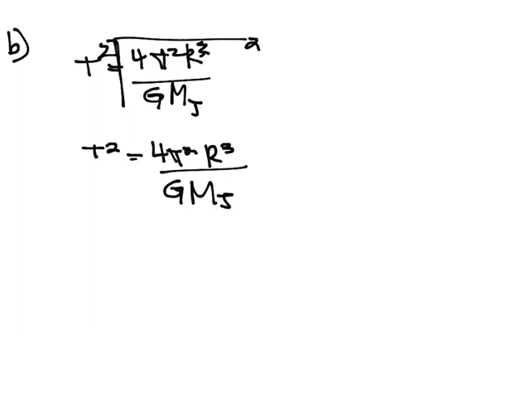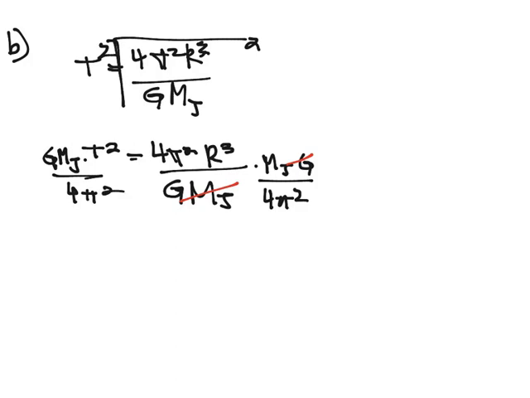Okay, we want to isolate r, get it by itself, so I'm going to multiply both sides by G M_J. And then I'm going to divide both sides by 4 pi squared. Okay, so now I have r cubed by itself.